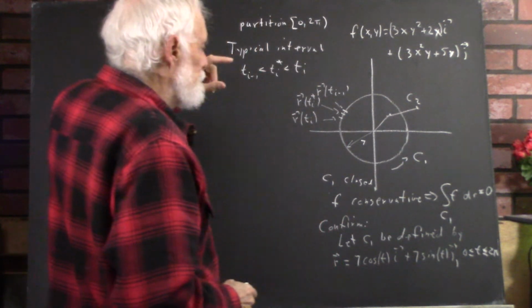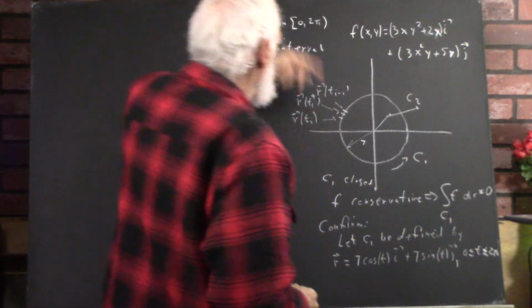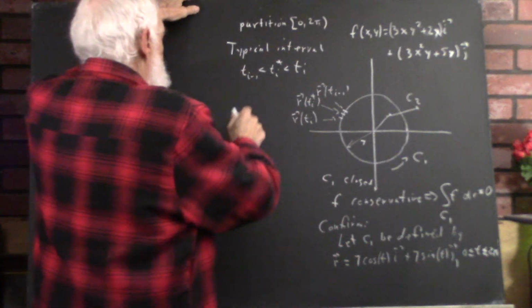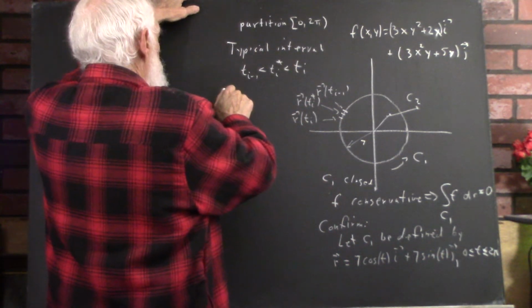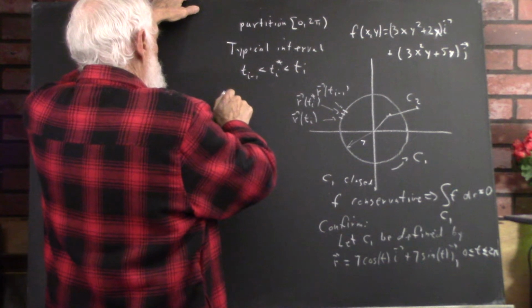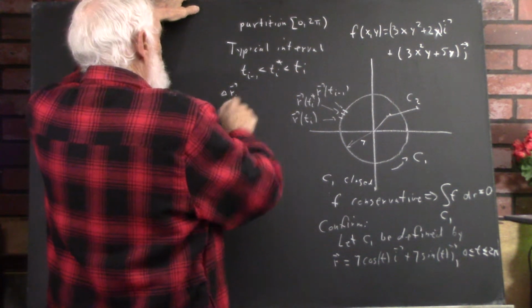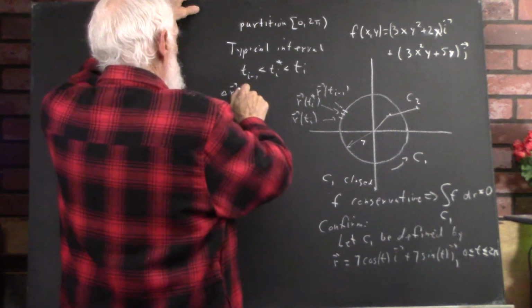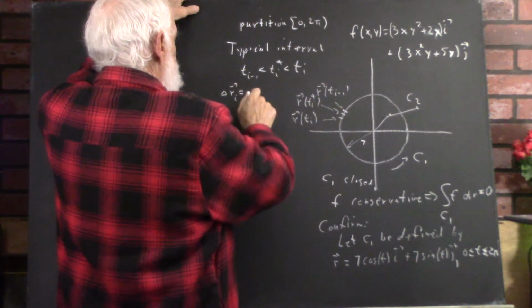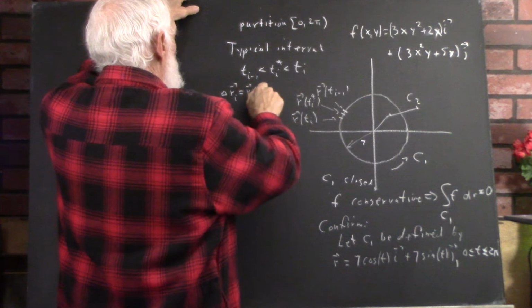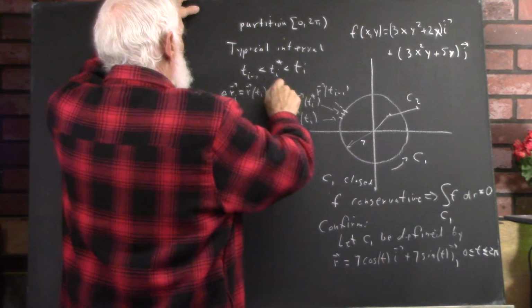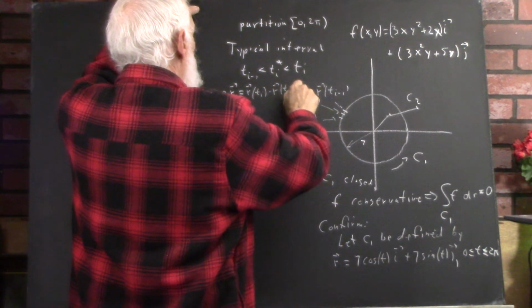We want to integrate, okay, well, we have them. I'll write it as delta r sub i equals, obviously, r of t i minus r of t i minus 1.